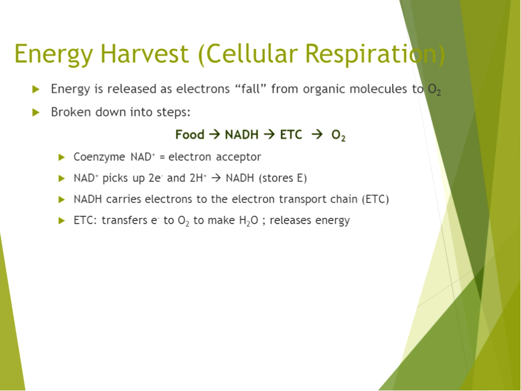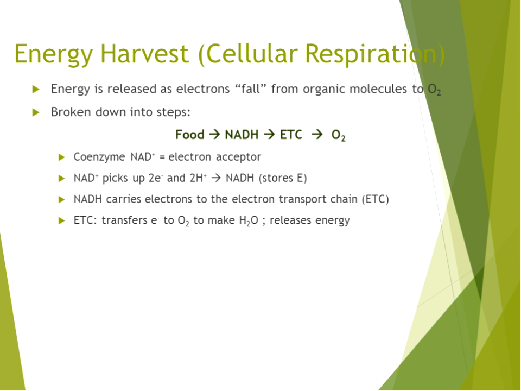So coenzyme NAD plus is the electron acceptor, and it's going to pick up some electrons and hydrogen as well, which remember hydrogen ions are basically just protons. And now it becomes NADH. So the H is representing that hydrogen proton that's been picked up. Those hydrogen protons have been picked up, and it's now storing those excess electrons because it was an ion, but now it's going to be storing it.